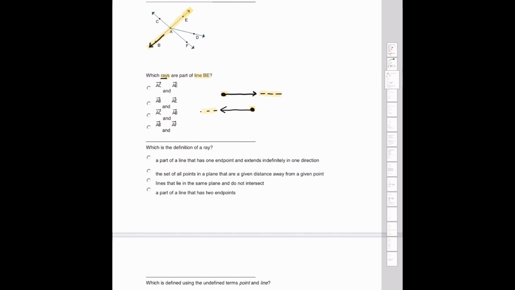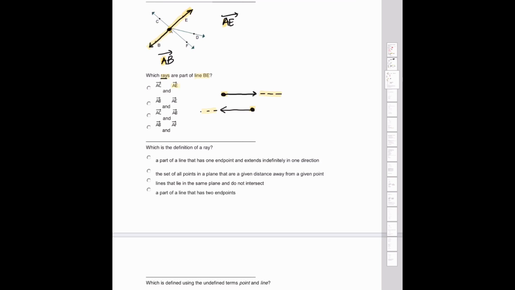So, now that we know what line BE is, let's identify the rays. Well, we have one ray here, and that is ray AB. Remember that we name rays starting with the endpoint first, and in this case, the endpoint is endpoint A. And then we have ray AE. Again, starting with the endpoint first. So, we are looking for the answer choice that includes both ray AB and ray AE.